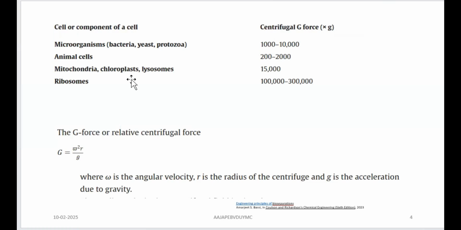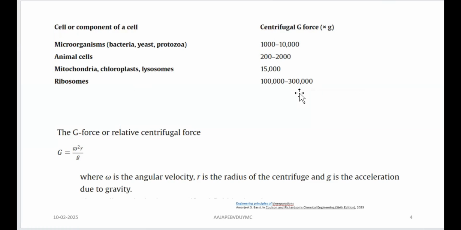When it comes to mitochondria and chloroplasts, you need to go to 15,000 G. But when you have, say, ribosomes, you have to go up to 3 lakh G. That is how the speed calculation, RPM into G, that is RCF, the centrifugal G force, is required for separating particles based on their size and density.